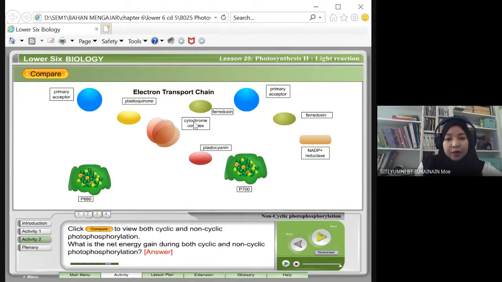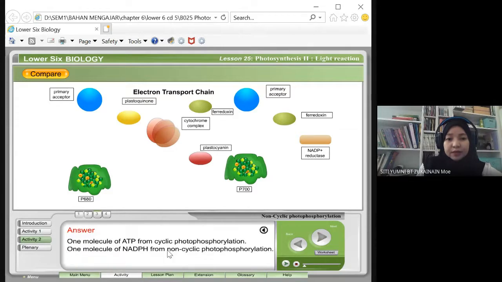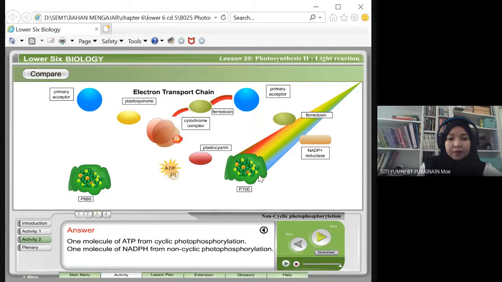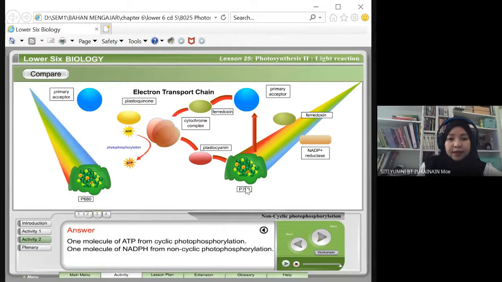Okay, so from the previous explanation, what is the energy gain during both cyclic and non-cyclic photophosphorylation? One molecule of ATP from cyclic photophosphorylation and one molecule of NADPH from non-cyclic photophosphorylation.